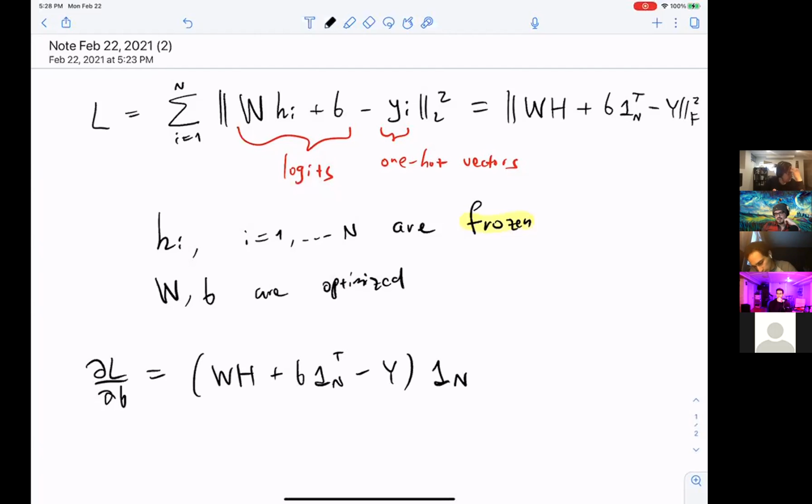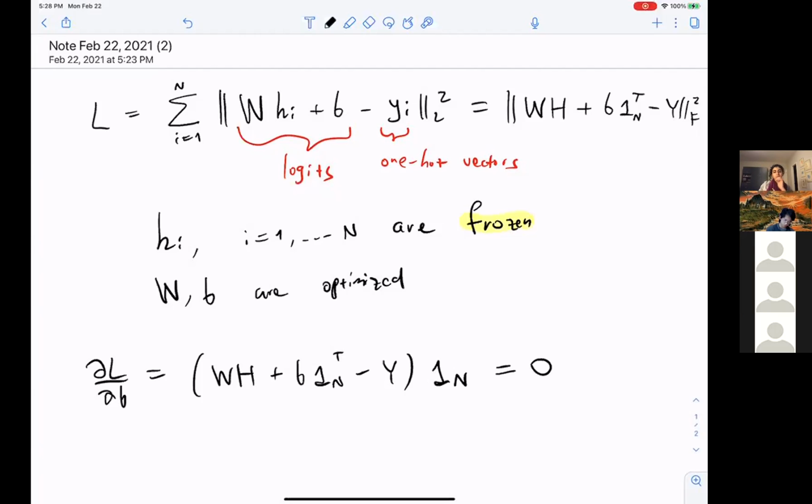Now, this thing should be equal to 0. Why? Because we're interested in what the optimal biases and the optimal weights are, because there's something interesting that happens. So we just set the gradient to 0.